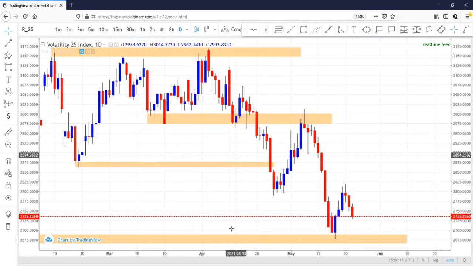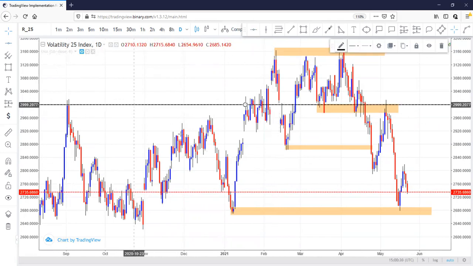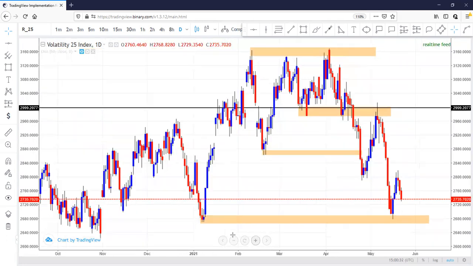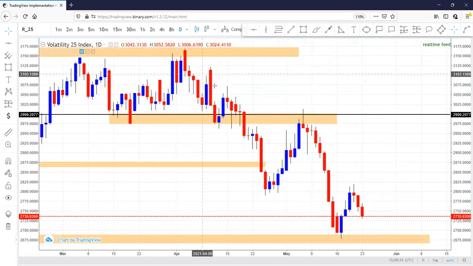And I want to show you that this structure is important. If you zoom out, you can see we have this highest high at this point before getting this highest high. And if we put our horizontal line at that point, then zoom in, you see, price dropped, breaking this structure. All we need now is to wait for the retest.